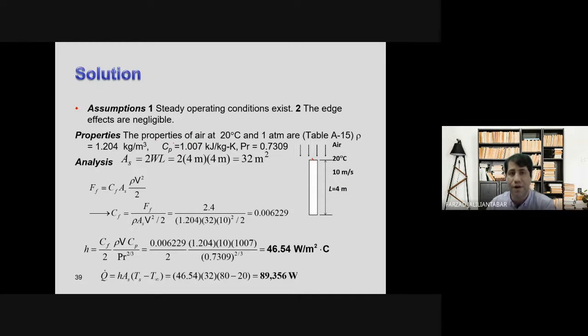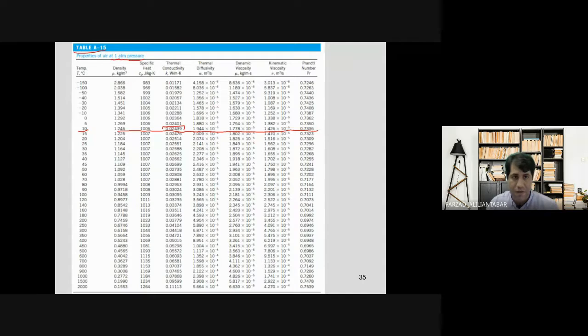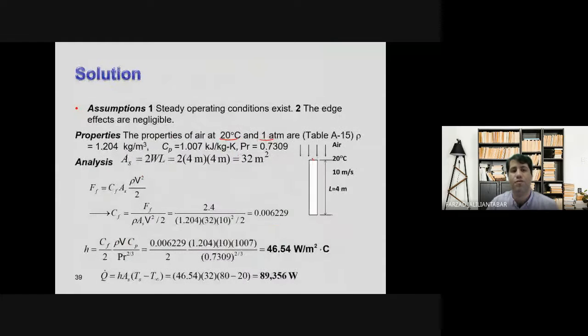For the properties of air, which we have here, 20 degrees Celsius, 1 atmosphere, again refer to table A15. You can find information for the air with those properties: density, CP or specific heat, and also Prandtl number, which you can find for air at this temperature from table A15.